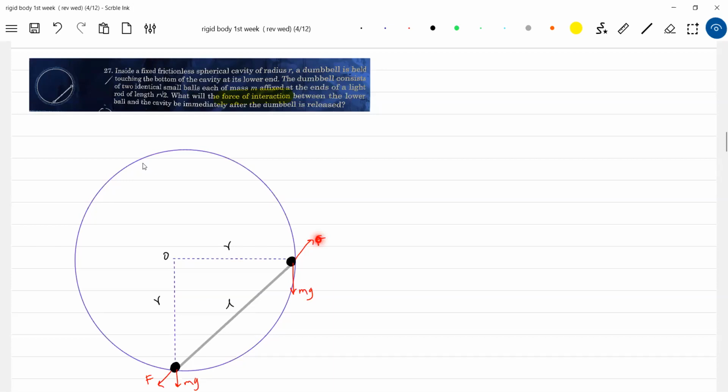Okay, agree, this impact is what we are supposed to calculate. Let this be N2. This is asking for N2 and N1. This is theta.